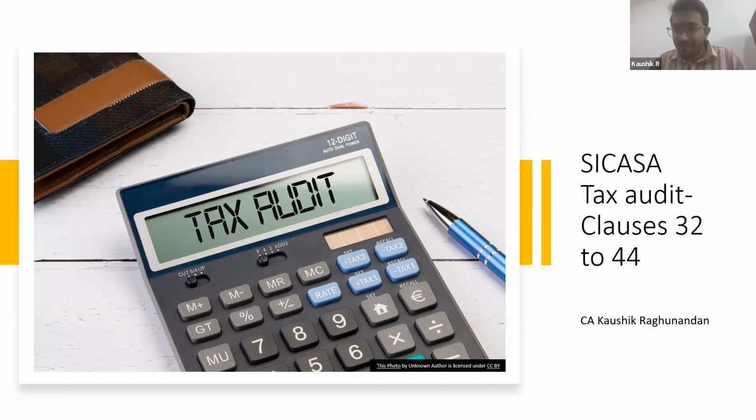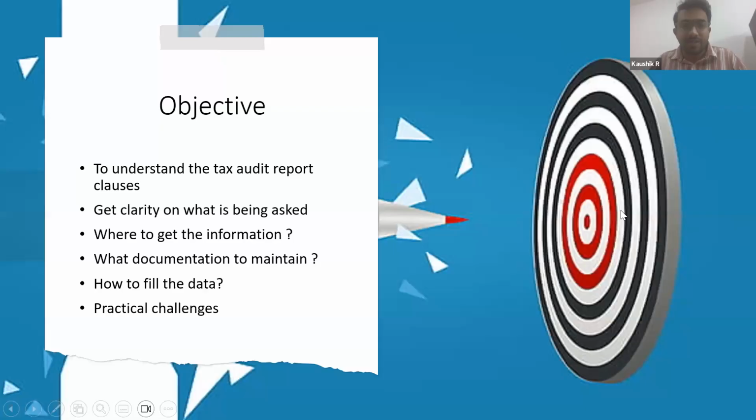Let us keep it more interactive and let us take it forward. So, as I told you, the topic for the day is clause 32 to clause 44. The first slide talks about the objective. So why is this needed? The reason is that we need to understand the tax audit report clauses.